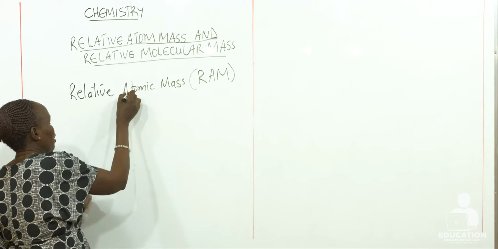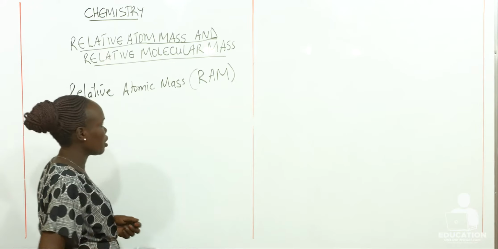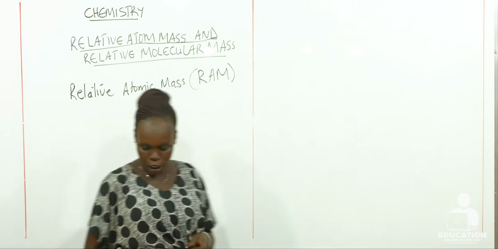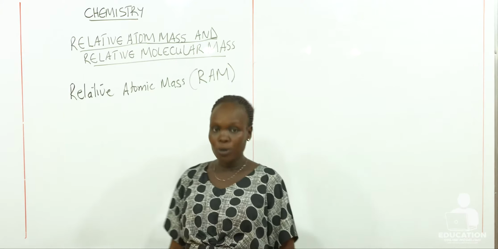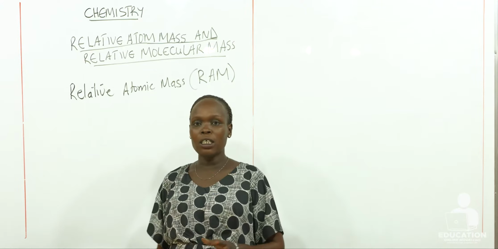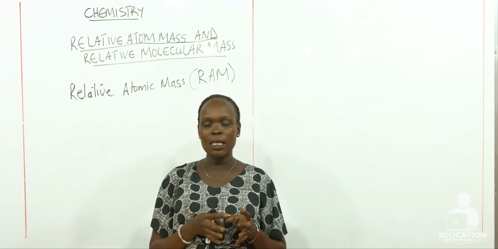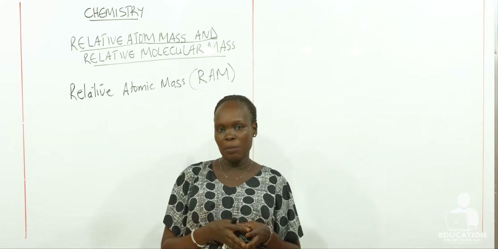Here we say that it is dealing with the atoms, and if we say it is a relative atomic mass, how does it come about? We are going to say that this is actually representing the mass of the elements.